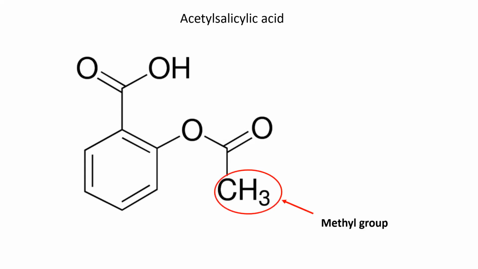Here, this is referred to as a methyl group. Sometimes the methyl group is denoted Me. So if you see Me instead of CH3, that's also referring to a methyl group.